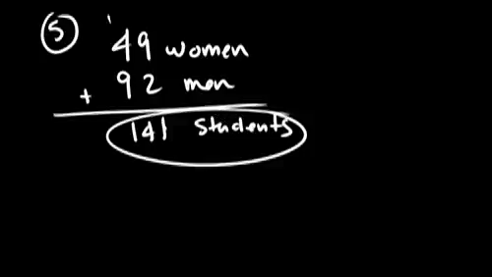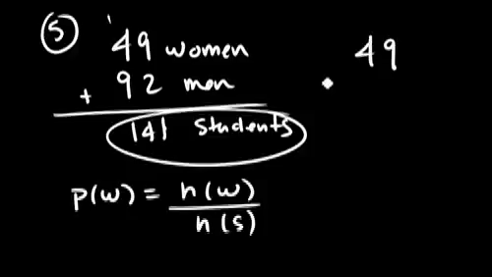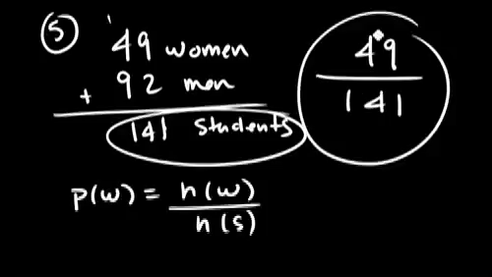If a student is randomly selected, what is the probability that the student is a woman? The probability that the student is a woman is found by determining the number of women in the class divided by the total number of students. There are 49 women out of 141 students. This is your answer.